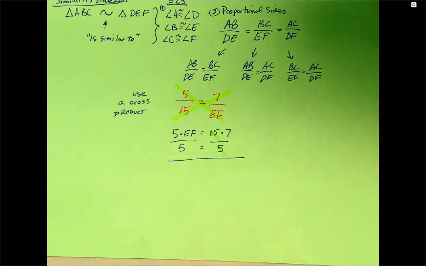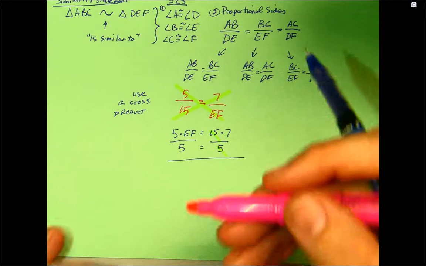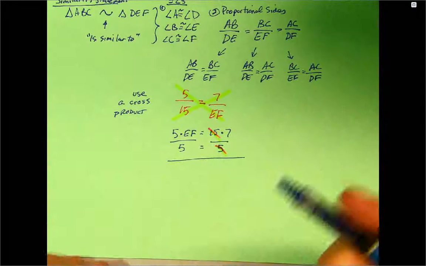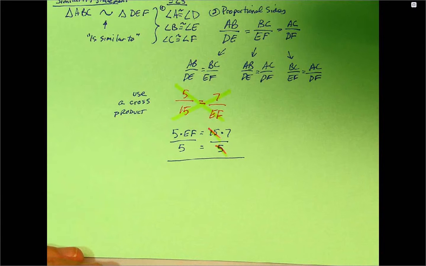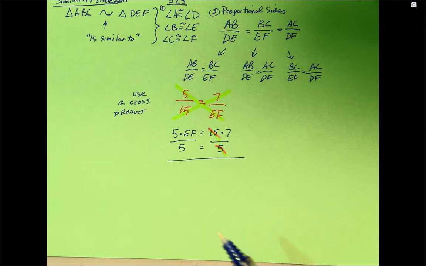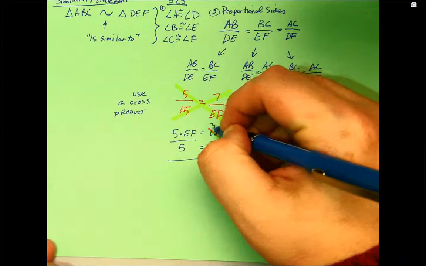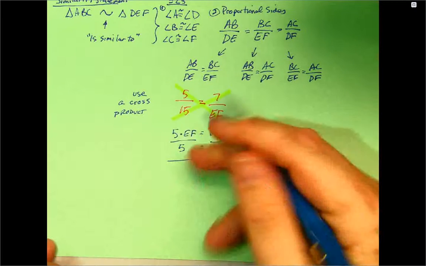Actually, let me use this one. And this is why I use highlighters instead of just crossing things out, because you can actually see what the numbers still are. So if you go back and there's a mistake, you can kind of see things, because if we just cross stuff out, we'd lose the numbers. So that's a 3. So 5s divide out, they just become a 1, so I get EF all by itself.